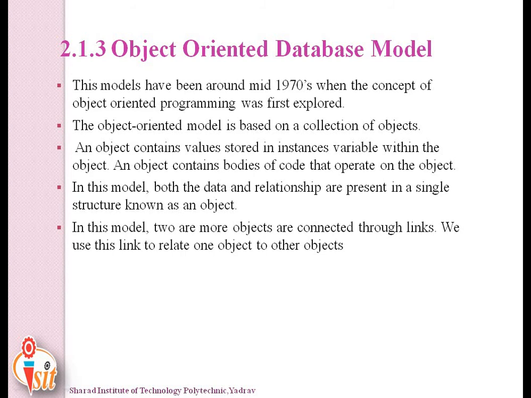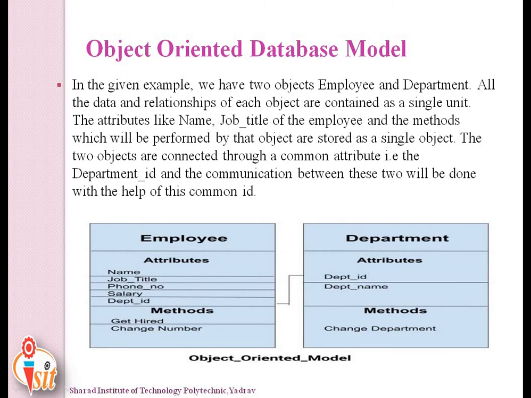An object contains values stored in instance variables within the object. An object contains bodies of code that operate on the object. We can understand this by the example given here. In this example, we have two objects, employee and department. All the data and relationships of each object are contained as a single unit.